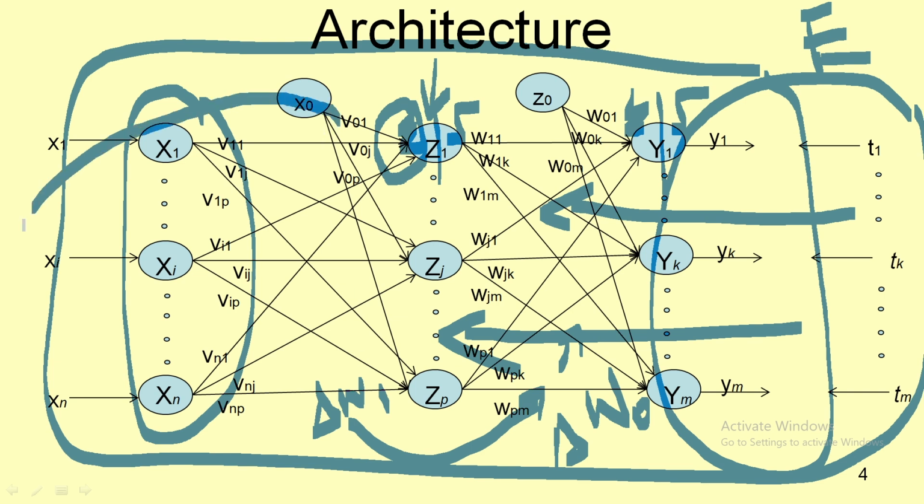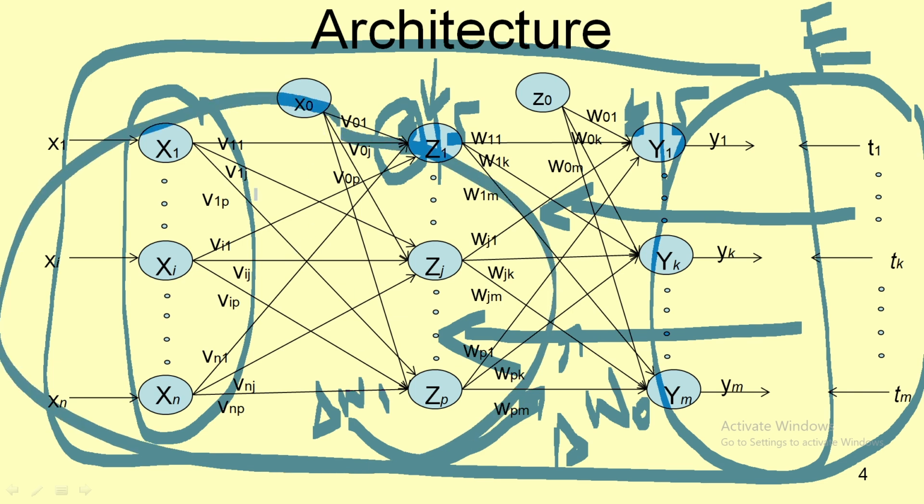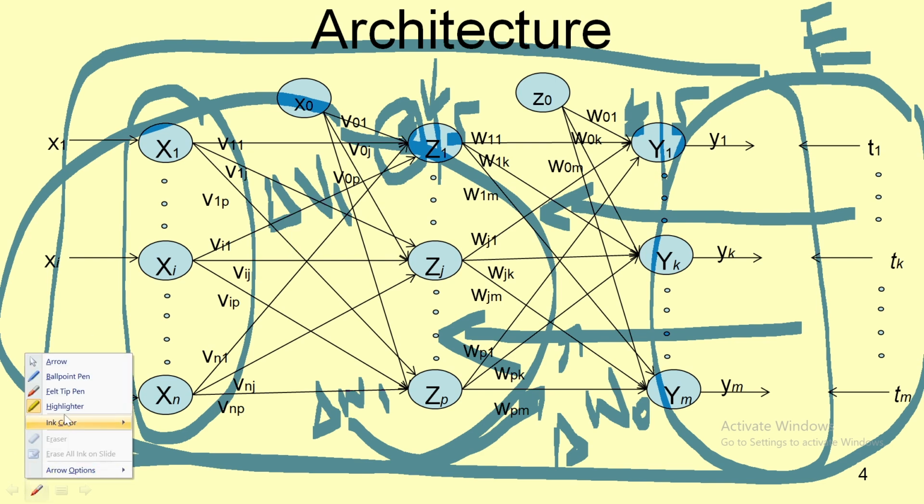And here in this case, what you have to calculate is del V1, del Vi, del Vn, del V naught. So those things are calculated. Likewise, according to the change in error, the change in weight value as well as bias has to be calculated.